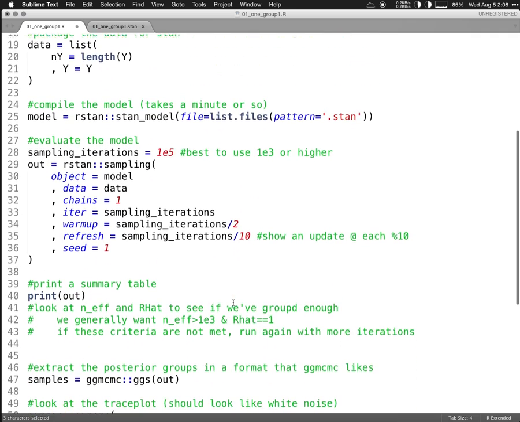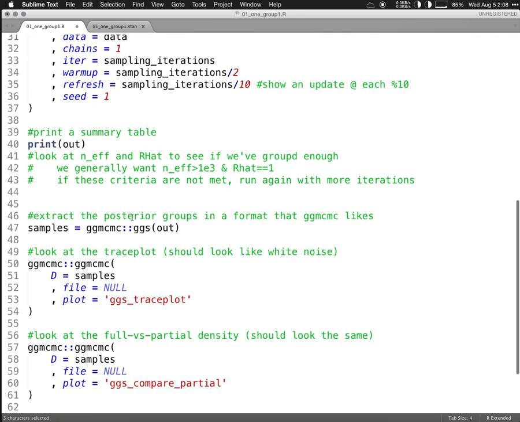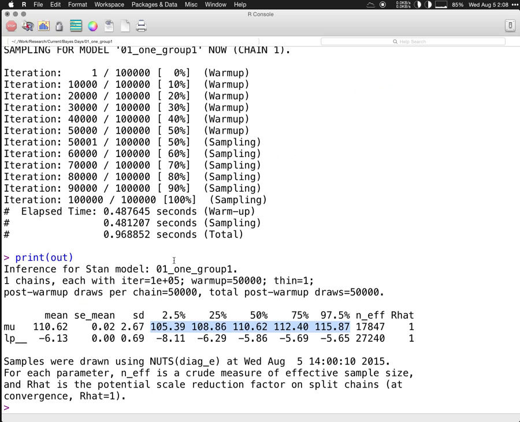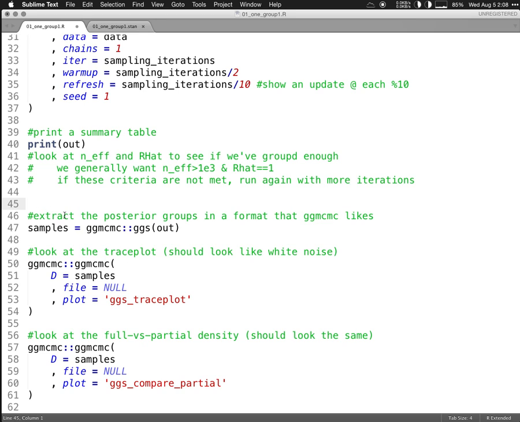Just to reiterate that a little, I'm going to show you what I mean by we got a distribution of samples. So what we're going to do is extract the samples from the out object. This out object contains a whole bunch of things, but what's nice is that the ggmcmc package has this function, ggs, to explicitly extract the samples and get them in a format that's easy to plot.